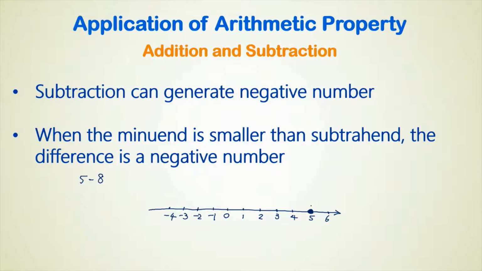So starting at 5, we travel toward the left: 1 step, 2, 3, 4, 5, 6, 7, and 8 steps. So we landed here, and our final answer is minus 3. This minus 3 can be read as minus 3 or negative 3.